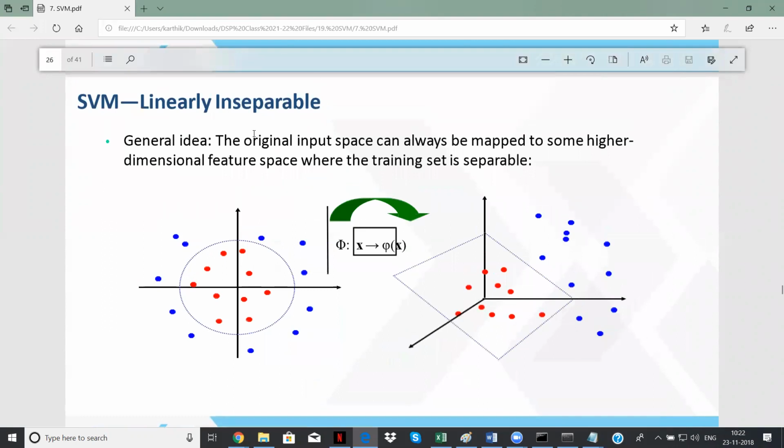So here, instead of coming up with a line or instead of coming up with a soft margin like this or a hard margin like the circle, I have used a function phi of x, and this phi of x is transforming my entire data into a three-dimensional plane.